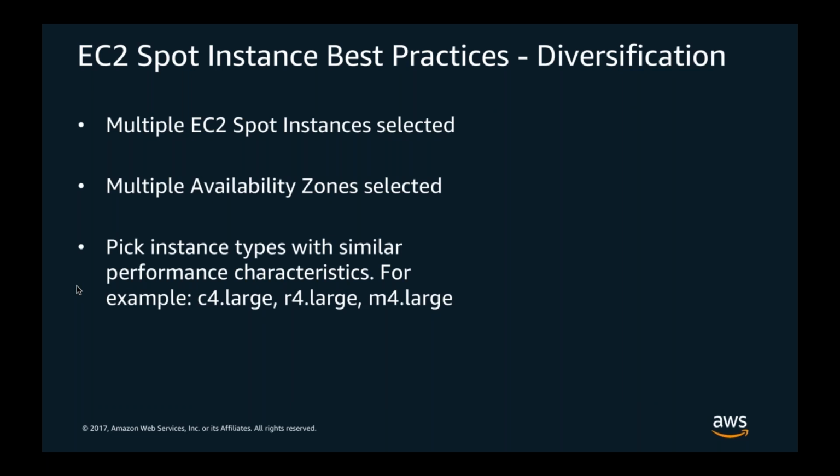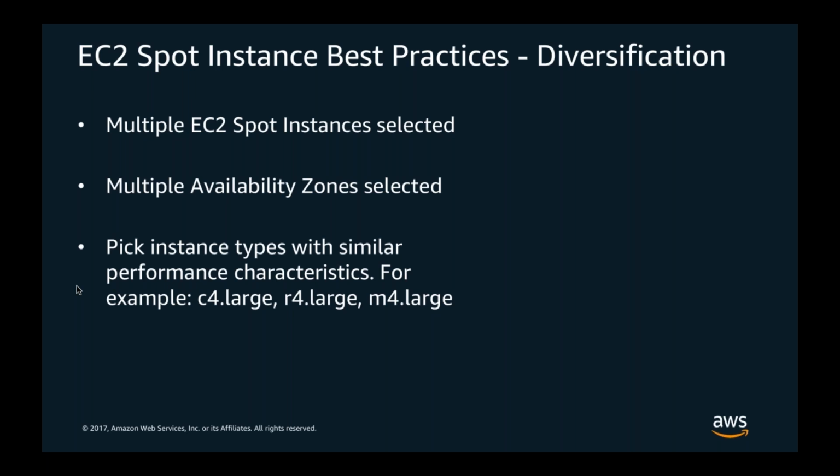So I said instance flexibility in the last slide. In this case, let's talk about diversification across instance types, right? So as best you can, consider selecting multiple instance types, utilizing multiple availability zones. And if your application stack, for example, needs to have similar performance characteristics across the stack, consider looking horizontally across multiple instance types, but with instances that perform with similar characteristics, right?